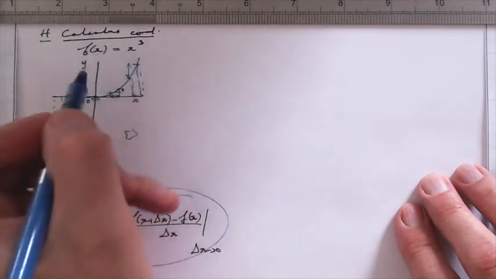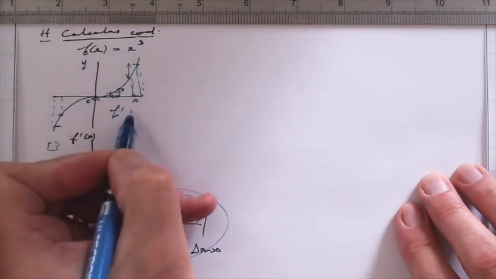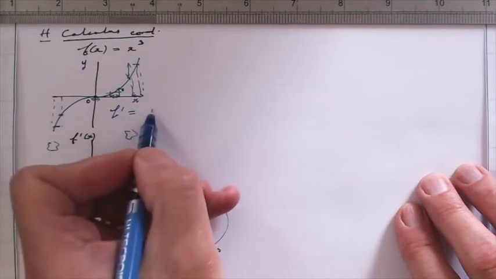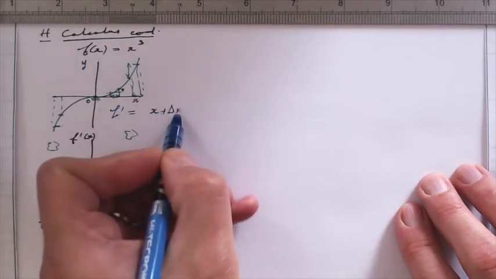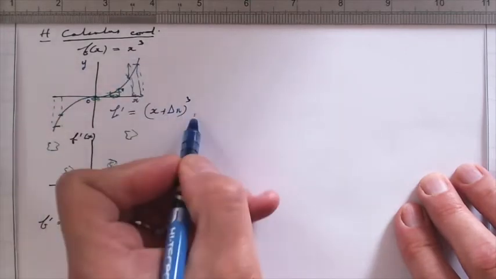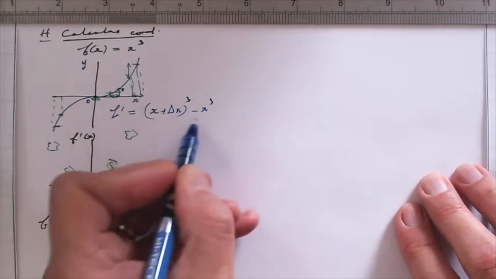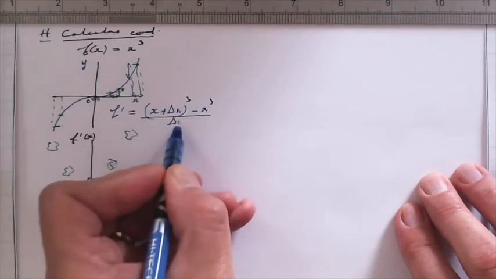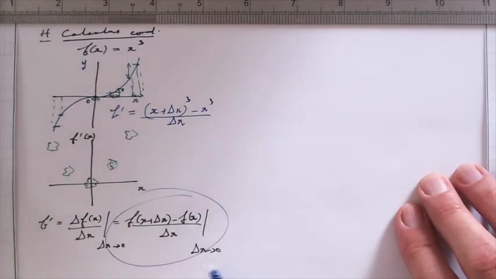So this f primed then is going to be x plus delta x all cubed, take away f of x, which is just x cubed, divided by delta x. And at the end, we want to take delta x as arbitrarily small, essentially to 0.